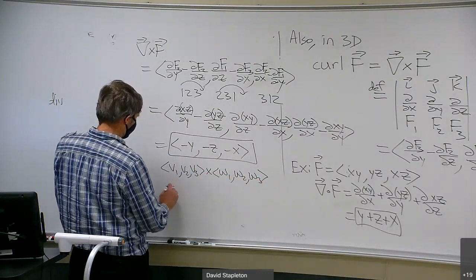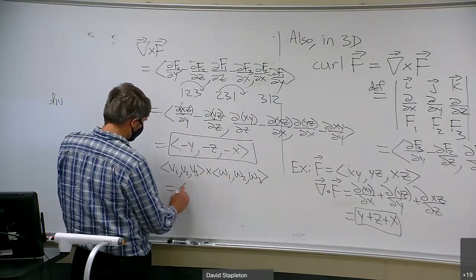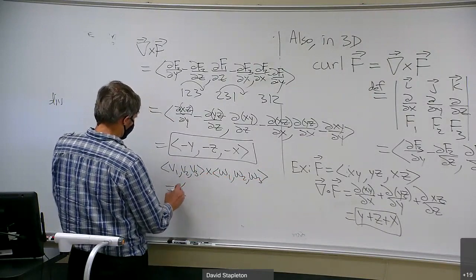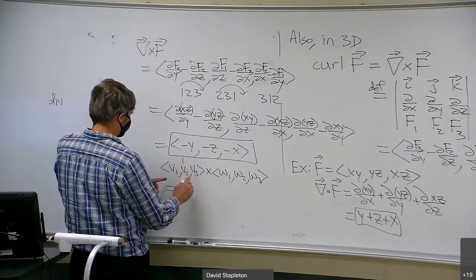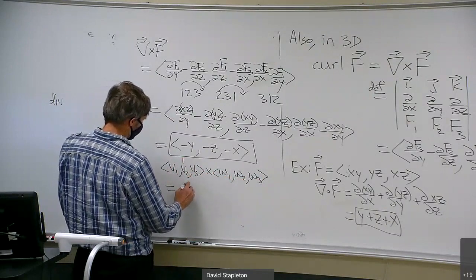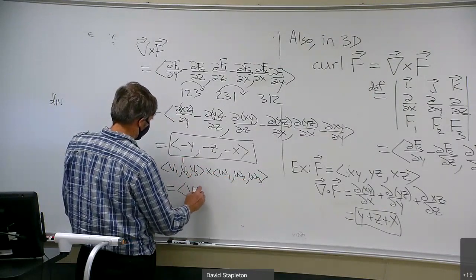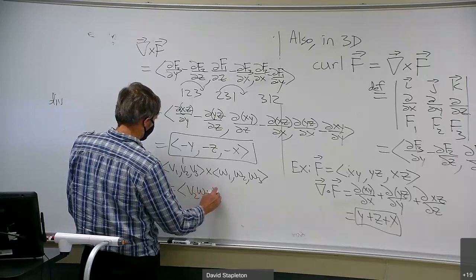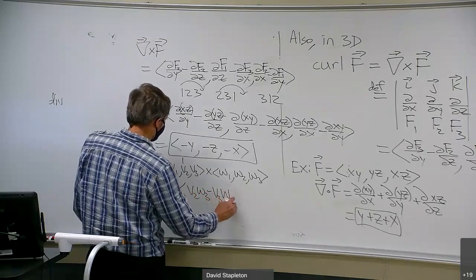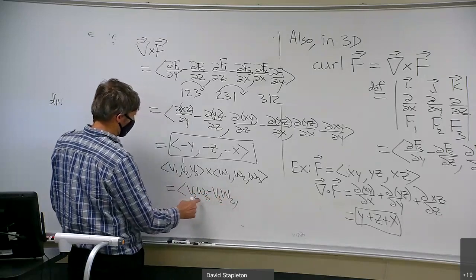When I want to write this cross product, for the first component, I use the 2, 3 minus 3, 2. So I'll take V2 W3 minus V3 W2.